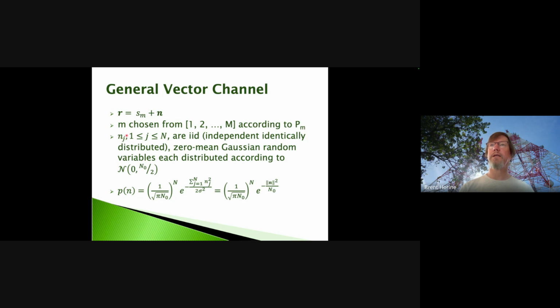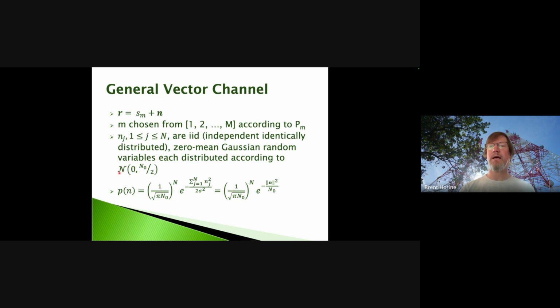Then we define this n sub j, where j ranges from 1 up to capital N, and these are independent, identically distributed zero mean Gaussian random variables, each distributed according to this shorthand for a Gaussian with zero mean and a particular variance, which we describe here as N naught divided by 2, the power spectral density value.